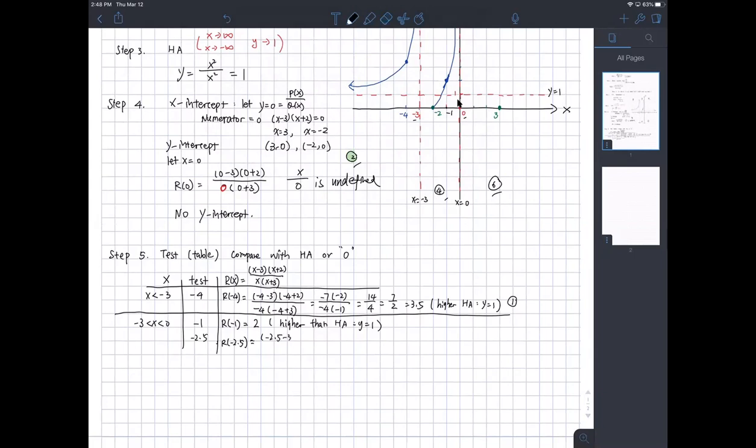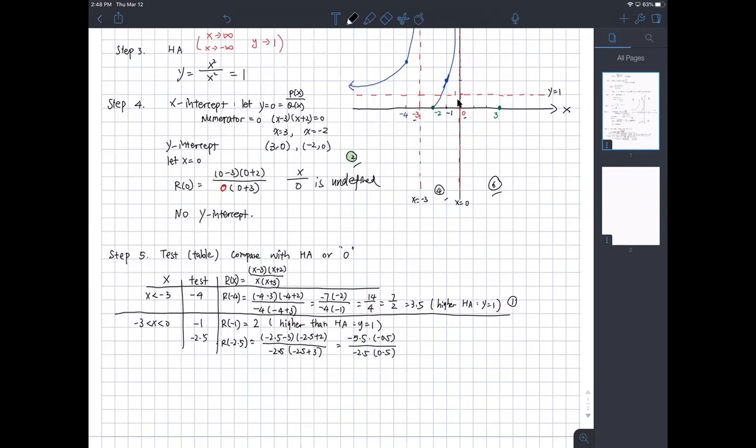So -2.5 minus 3 times -2.5 plus 2 over -2.5 and then -2.5 plus 3 right here. So we're gonna have -5.5 times -0.5 over -2.5 times 0.5.